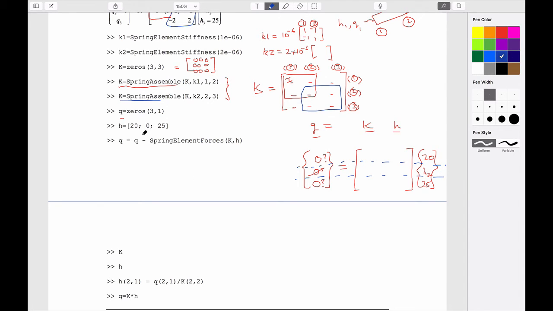So what we can do is multiply each row of this by this and subtract it off to the left-hand side. That's exactly what this is doing. It's taking the original value of Q, and multiplying the K matrix times the H matrix. This term will not be H2, it'll be initially 0, right? And so when you multiply these and subtract it off to the left-hand side, you basically move everything to the left-hand side of the equation.